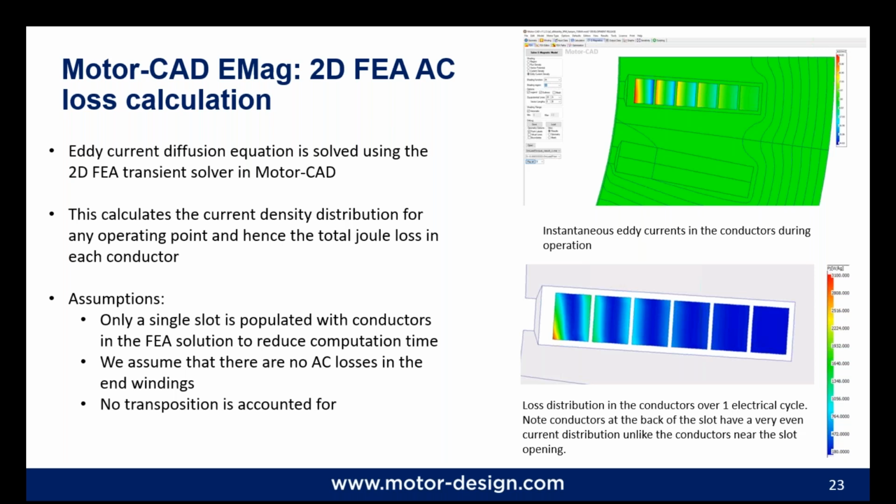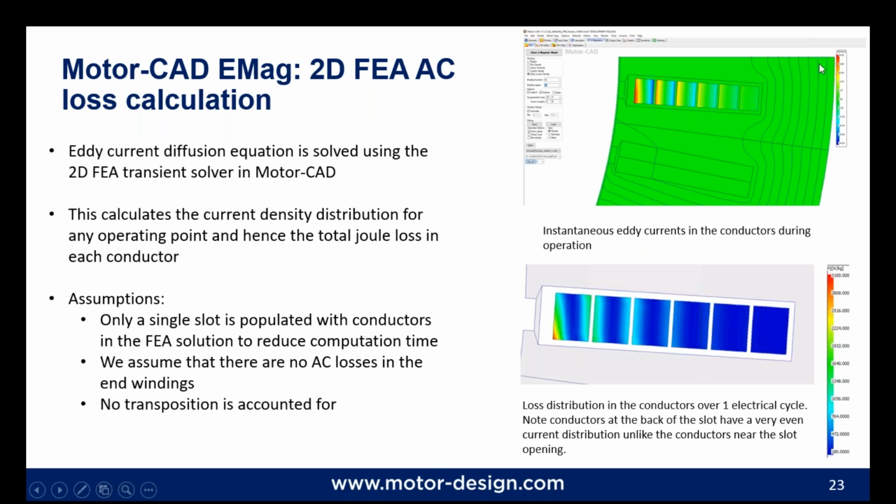We've got two images here on the right, and these have been taken from the solution in Motor-CAD. So the top one shows us an instantaneous eddy current distribution in the conductors during operation. And then the bottom picture shows the loss distribution in the conductors averaged over the full electrical cycle.